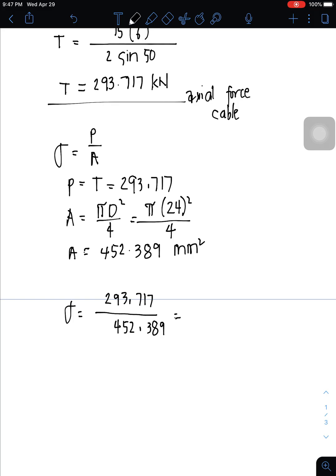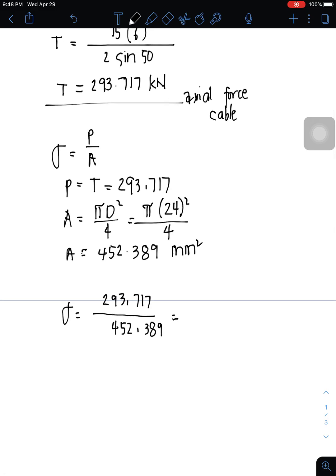The answer is 0.649, and that is kilonewtons per square mm.